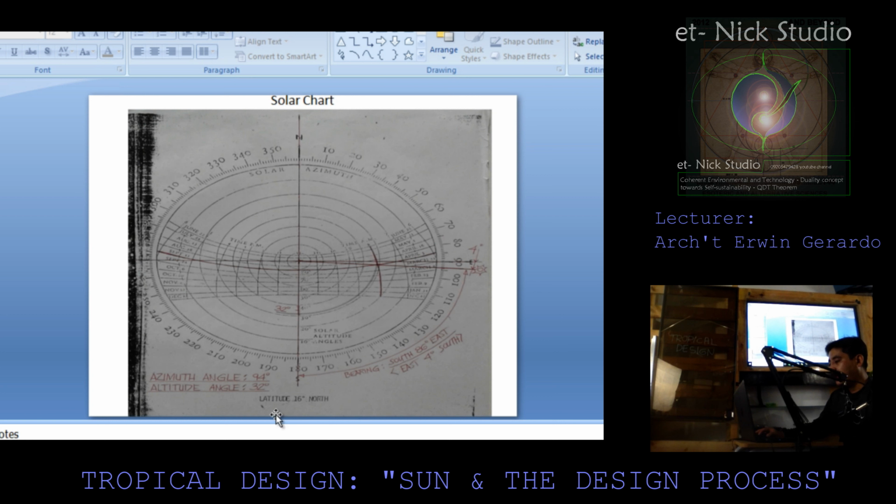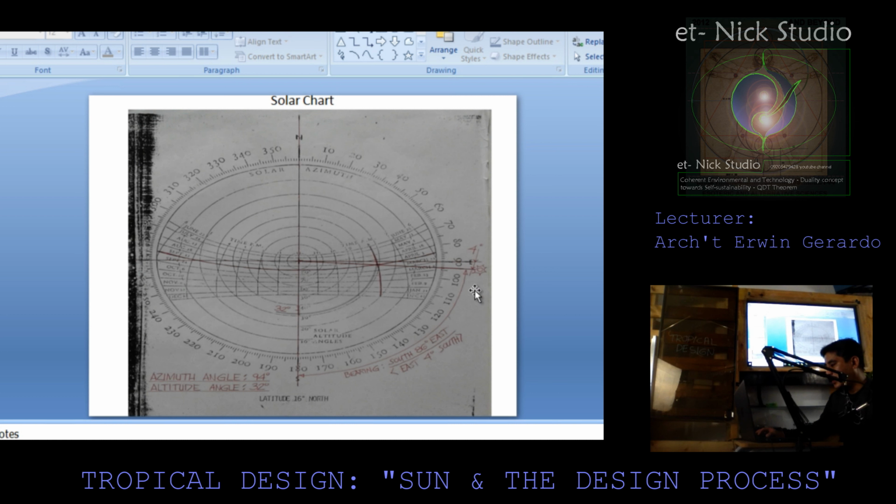So using latitude 16 degrees north, take note that here we have our protractor, which is actually the solar azimuth chart. As you could see, from north, this is already 0 degrees. So 10, 20, 30, 40, 50, 60, 70, 80, till we reach 90 degrees.